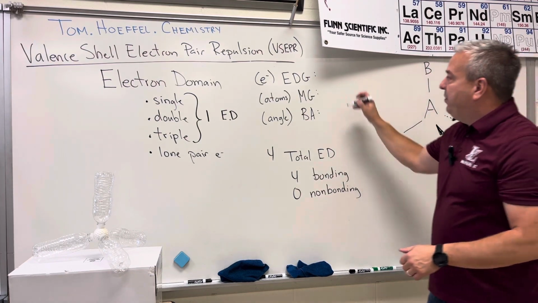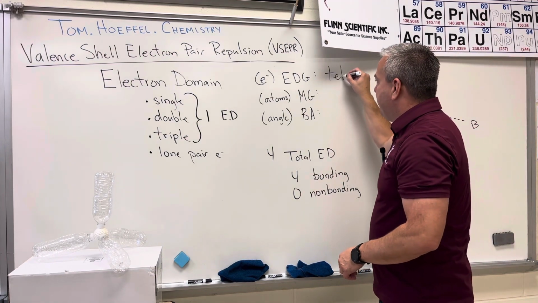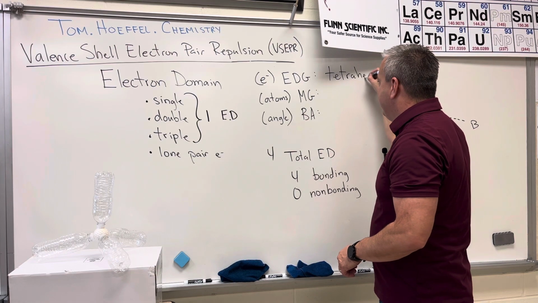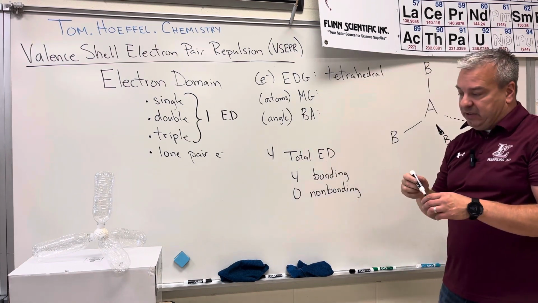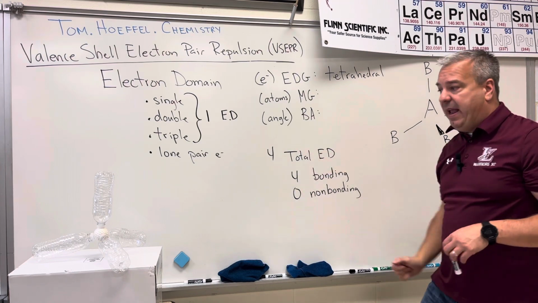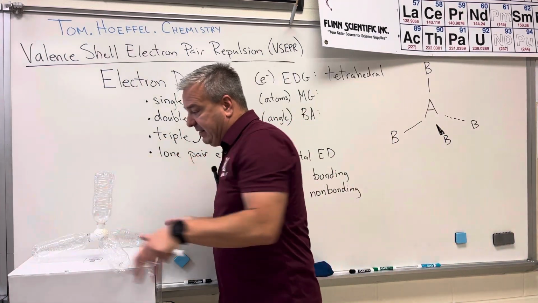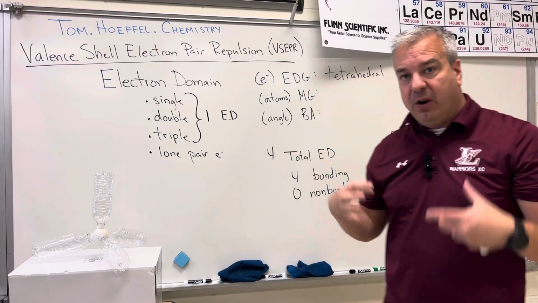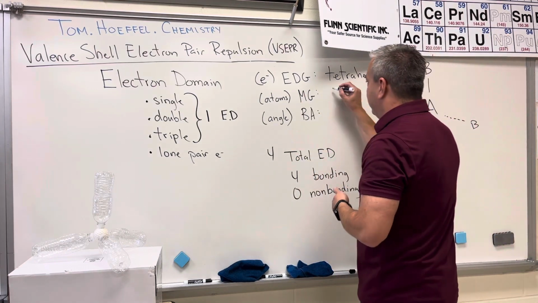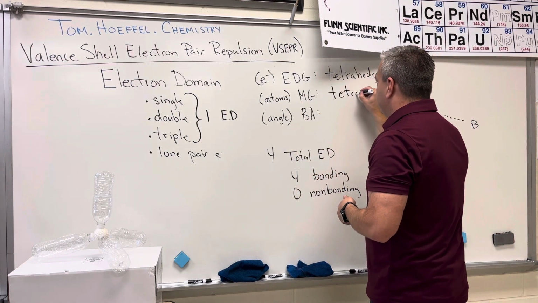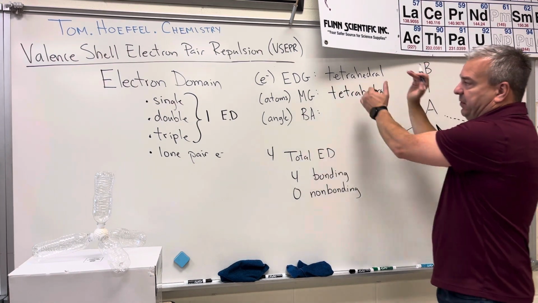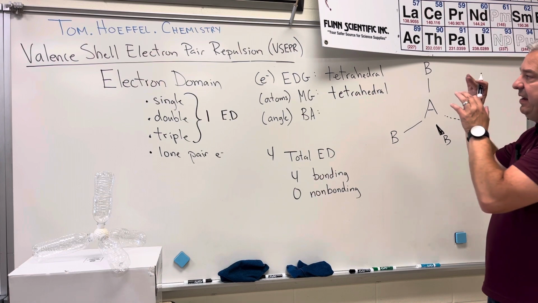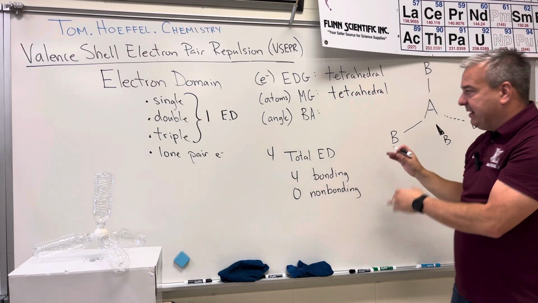The name of this shape is called tetrahedral. We know the word tetra means 4. We got 4 domains, there's 4 faces, so maybe that helps you remember that this is tetrahedral. And since all of the domains are bonding, remember when they're all bonding, the EDG and the MG are going to be identical.